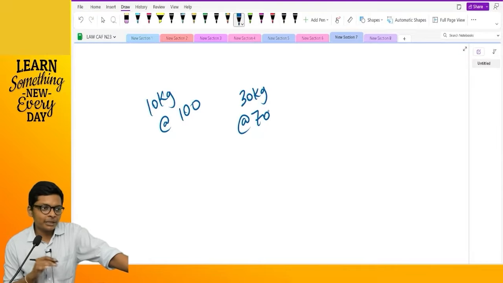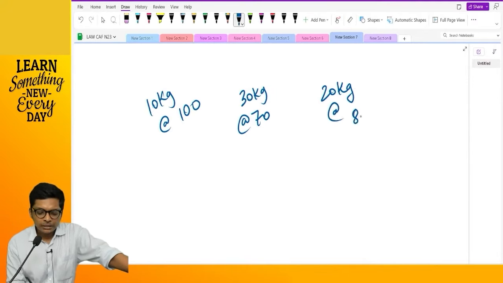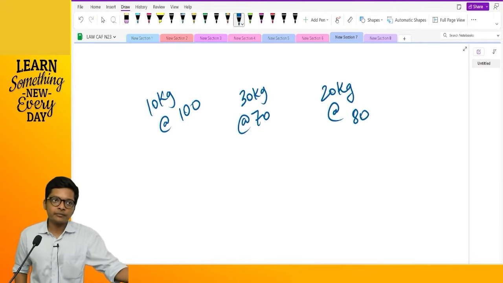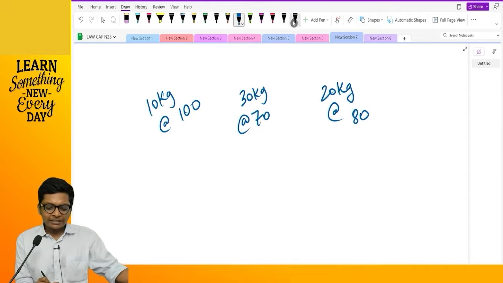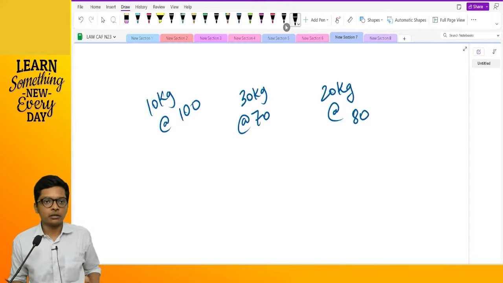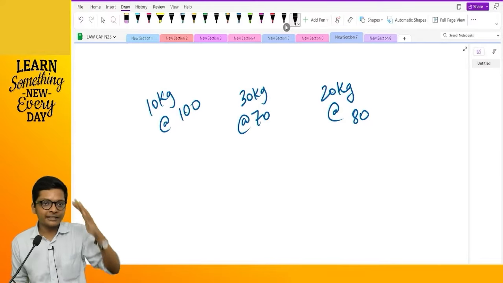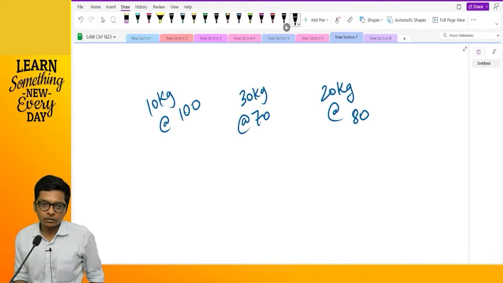End of the year you purchased another 20 kgs at rupees 80 per kg. This was the rice purchased for the whole year in your house.